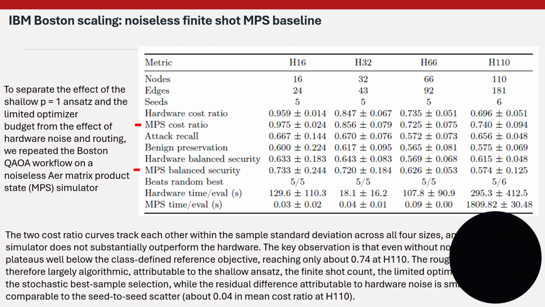We note that the performance plateaus well below the class-defined reference objective, reaching about 74% for the H110 dataset. There is some residual difference attributable to hardware noise and some other factors which are described in more detail in our total paper.